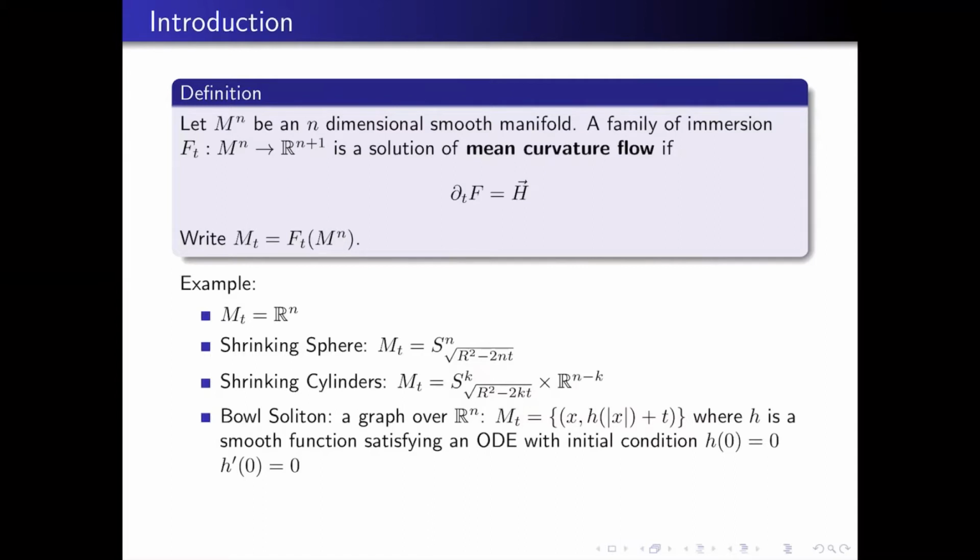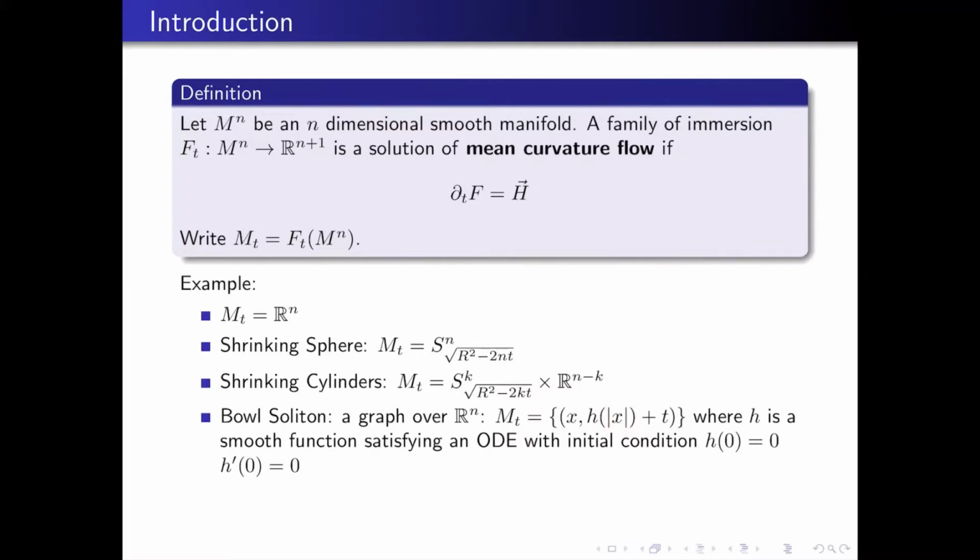The last example I want to mention is the bowl soliton. It is a graphical solution and could be expressed as a graph of the function h plus t. This solution is rotationally symmetric, and therefore this function h only depends on the radius of x.